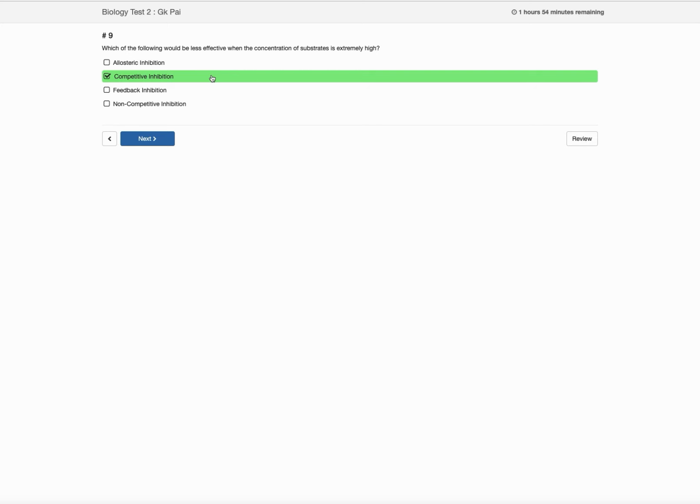However, when there's a ton of substrates, the amount of inhibitors is not as important, because the chances of one of those inhibitors actually being able to attach to an enzyme is extremely low. Whereas these other forms of inhibition are not affected by the concentration of substrates.